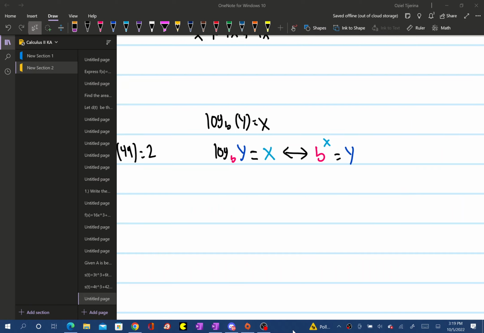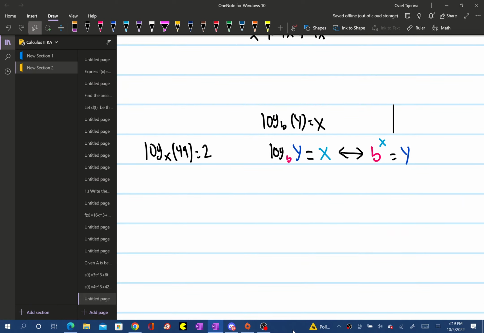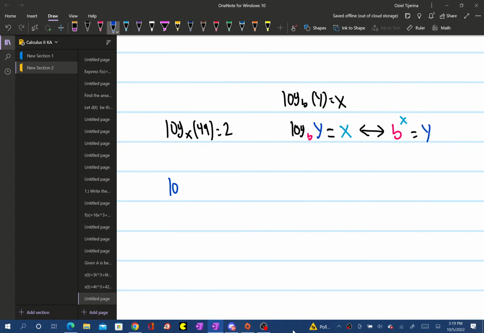Okay, so log base b of y equals x if and only if b to the x equals y. So log base x of 49 is equal to 2 if and only if x to the second power is equal to 49.